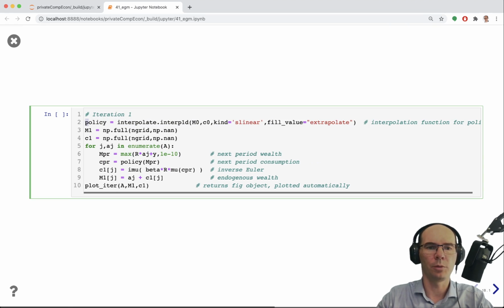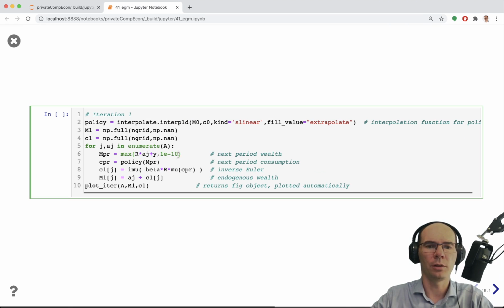Well, first of all, we will create the interpolation function, which is called policy, using the M0 and C0 grids over the initial policy function, the initial consumption function. And then we'll prepare some space for M1 and C1, the consumption and wealth which will correspond to iteration 1. And then for each point on the fixed grid over A, as in the description of the EGM step, we will calculate the next period wealth.